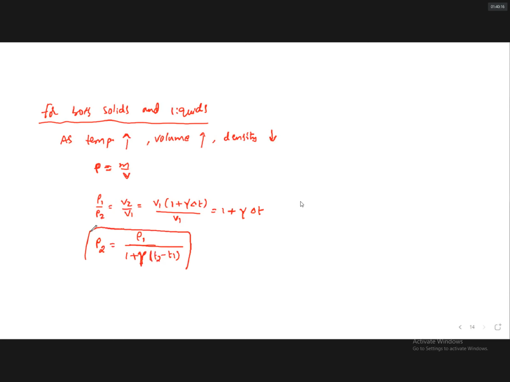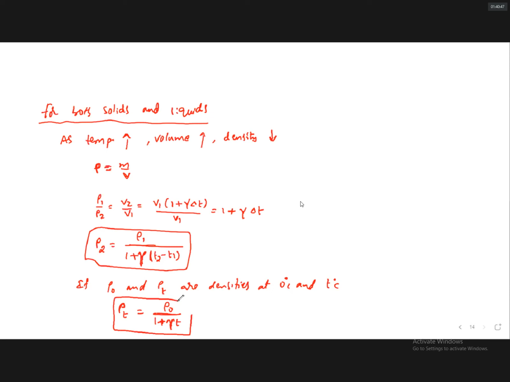If ρ0 and ρT are the densities at 0 and T degrees Celsius, then ρT is equal to ρ0 by 1 plus gamma T. Like that, as temperature increases, the density of the solid or the liquid changes.